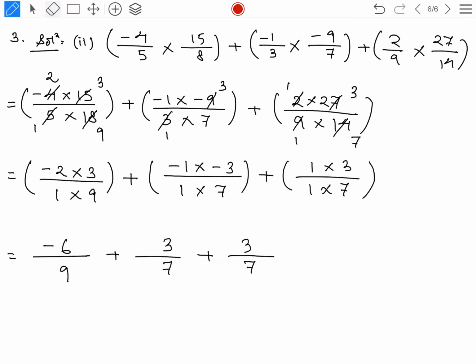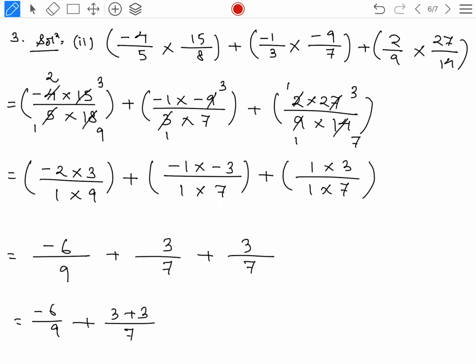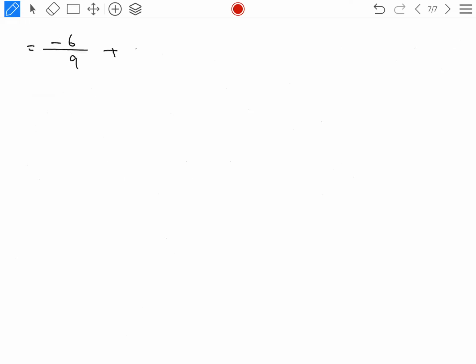Now see, there are two 3 by 7s, yes or no. So first we will arrange them, that means we will do the 3 by 7s first, 3 by 7 plus 3 by 7 means 3 plus 3 by 7, yes or no, take 7 as LCM. So next step we will get minus 6 by 9 plus 3 plus 3 means 6, yes or no, 6 by 7.